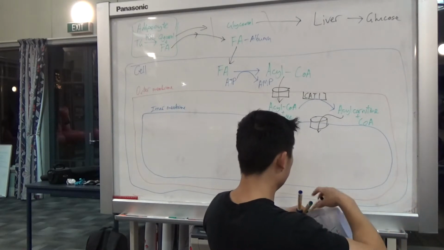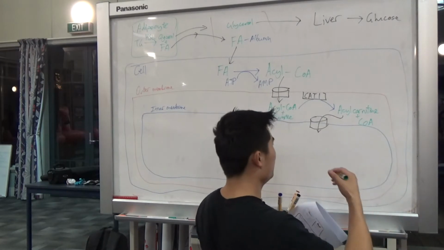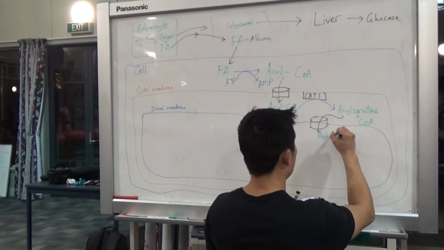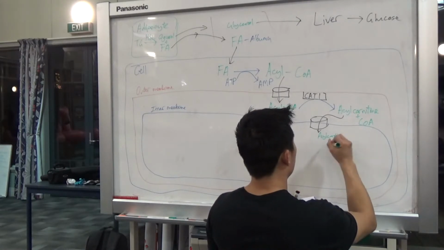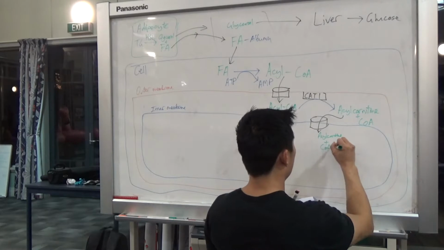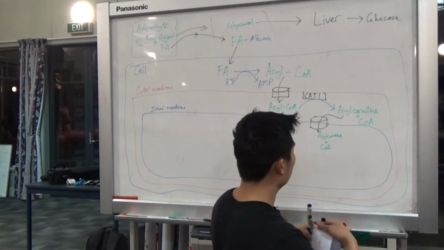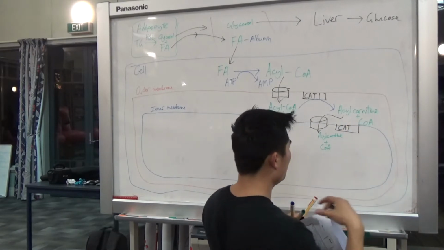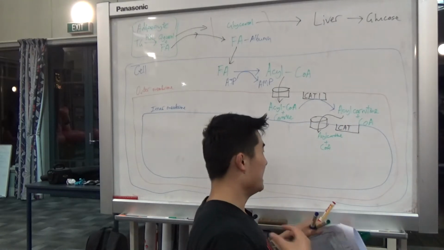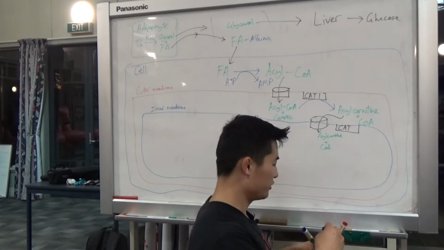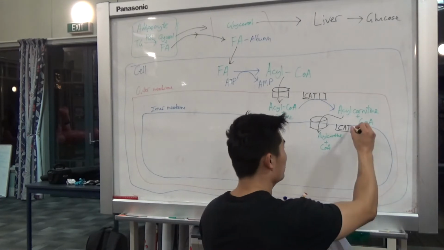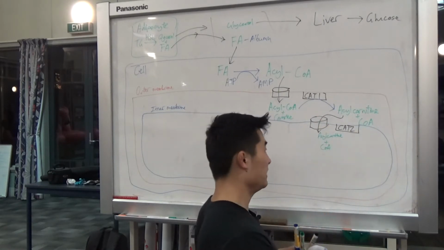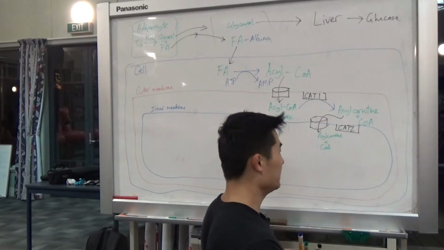And so once it's inside the inner membrane, you've got acyl carnitine, it's going to get put back onto the coenzyme A. The one that transfers the acyl back onto the coenzyme A is called CAT2, or carnitine acyl transferase 2. And this is on the inner surface of the inner membrane.